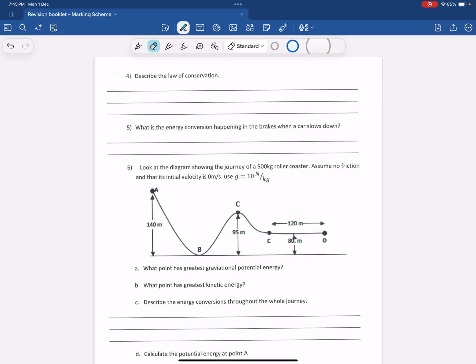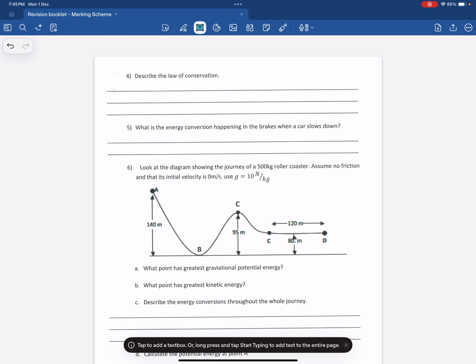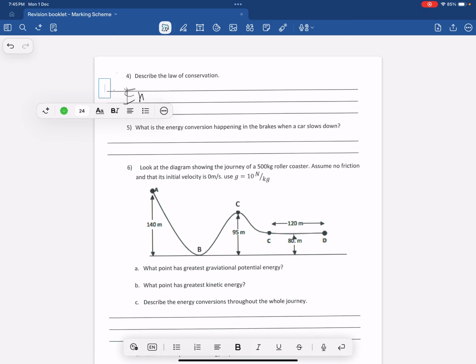Describe the law of conservation. Again, we did this thing a lot, law of conservation of this thing. So law of conservation, the energy cannot be created or destroyed.